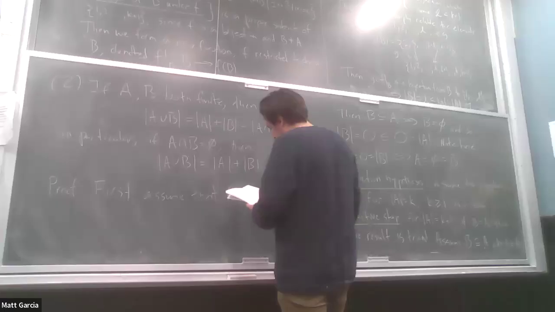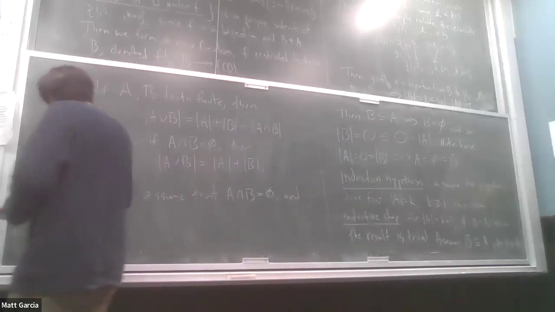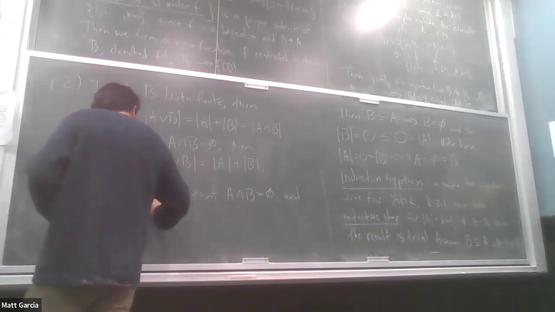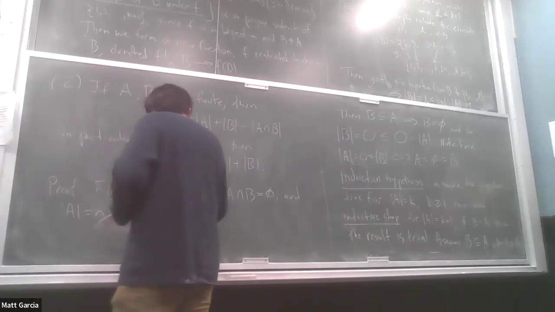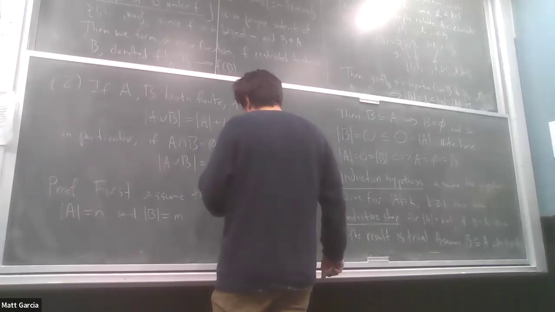And we will also assume the cardinality of A is equal to n, and the cardinality of B is equal to m.